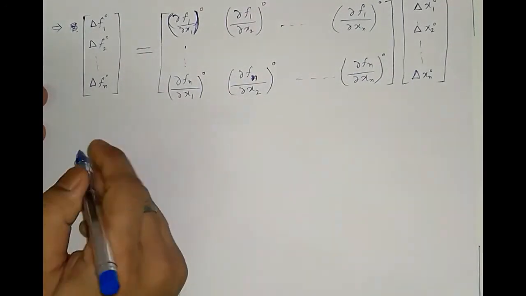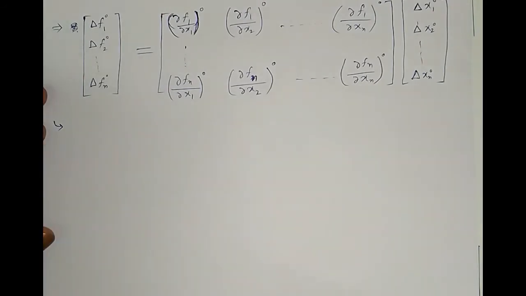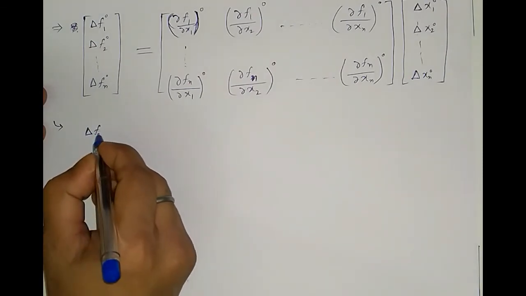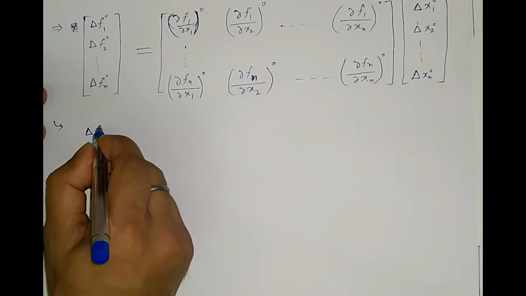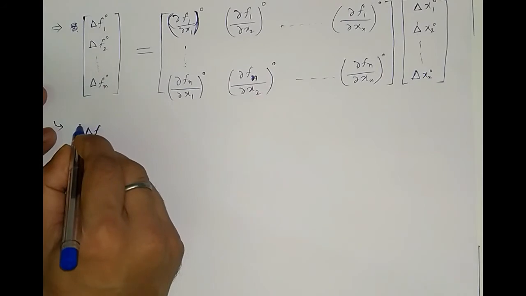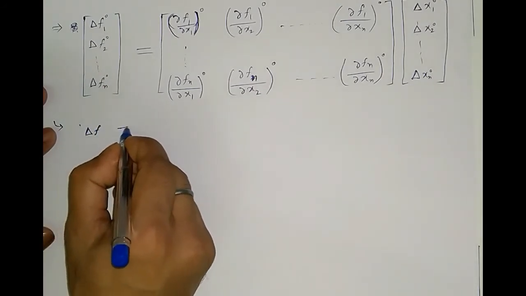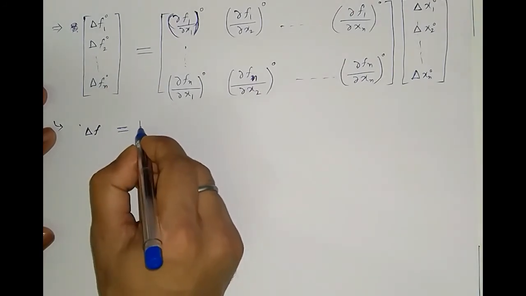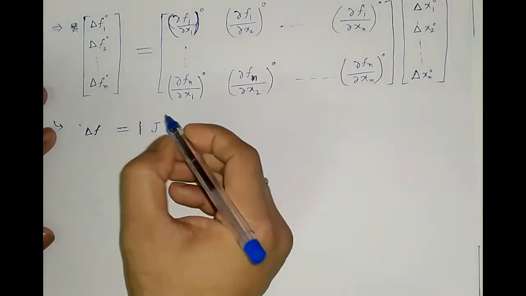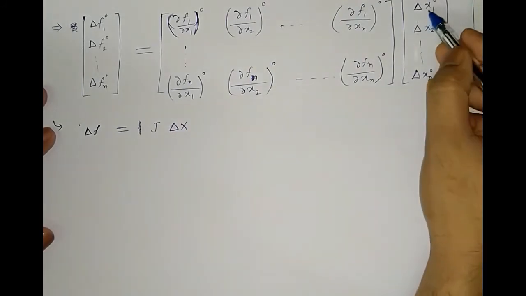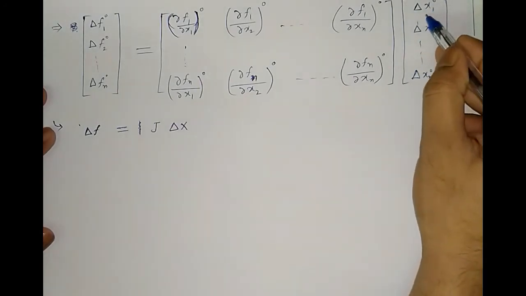So in short, this can be written as delta f equals J into delta x.